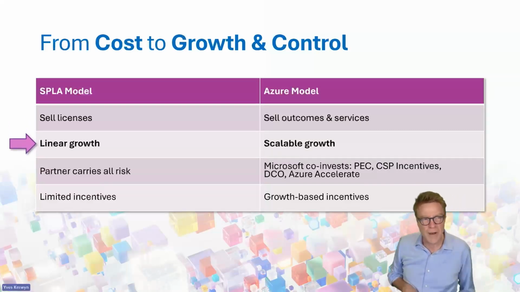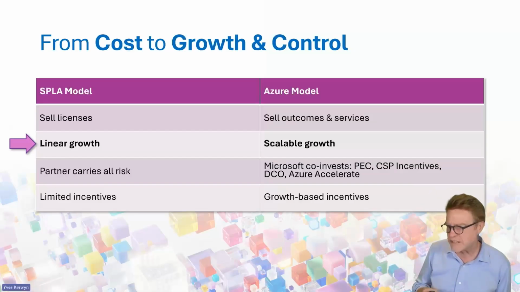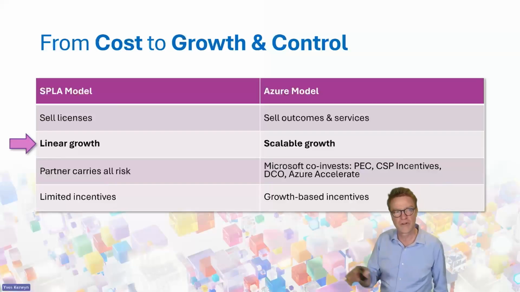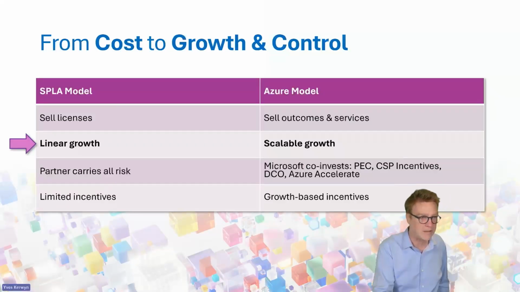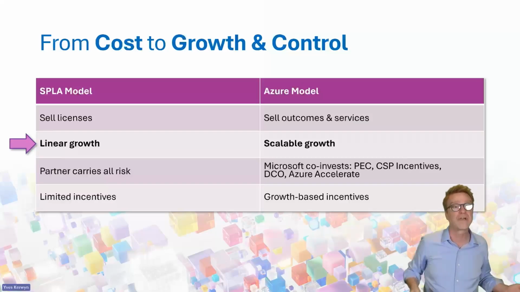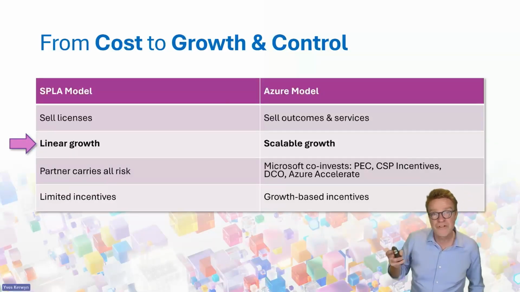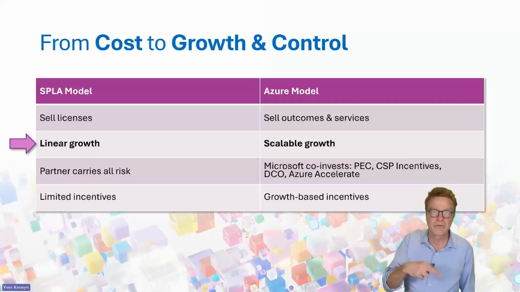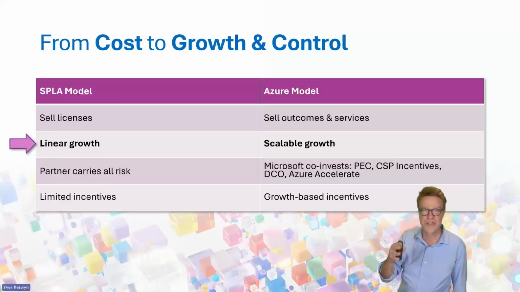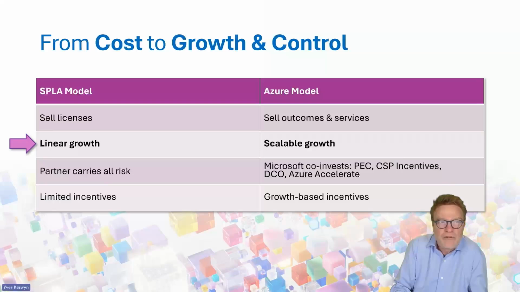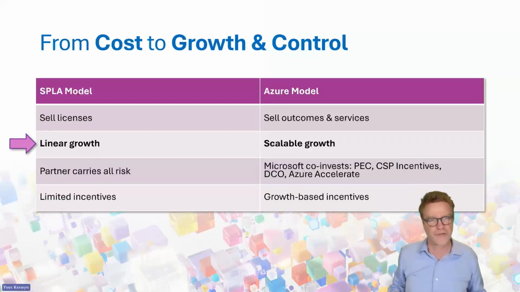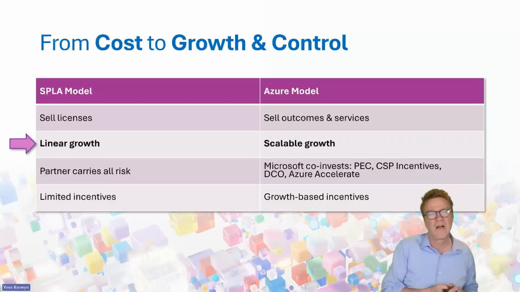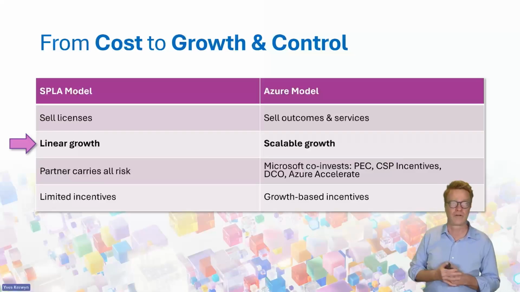It is not about linear growth anymore. What I mean by linear growth is that there is a one-to-one relationship between the number of customers you have and help and the cost you have to take in order to realize that. Once you use the Azure model, as I will explain, it's not linear anymore. You will be able to provide all kinds of extra outcomes and services for which you typically do not need to take the upfront costs that you would need if you wanted to realize the same thing in a purely non-Azure connected world.